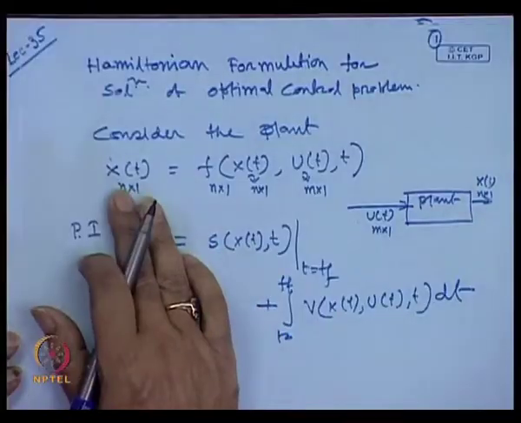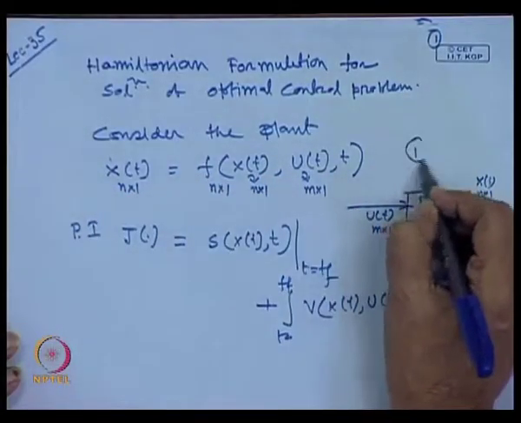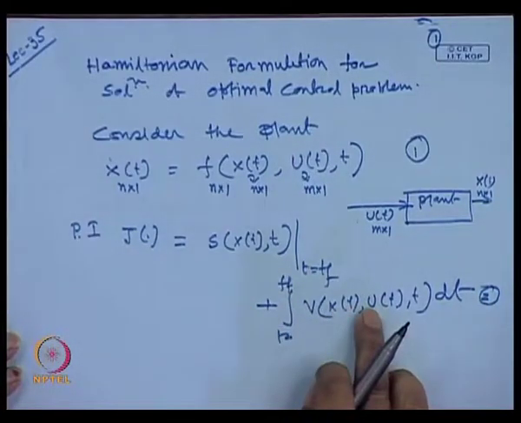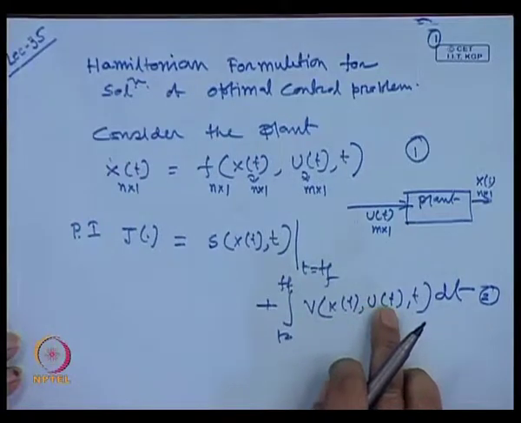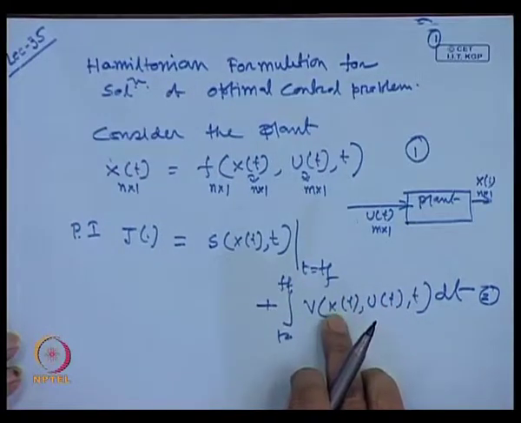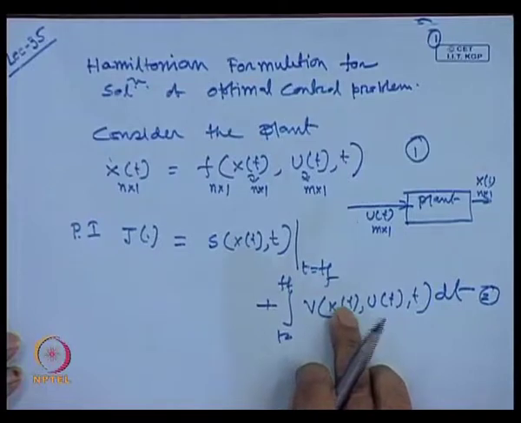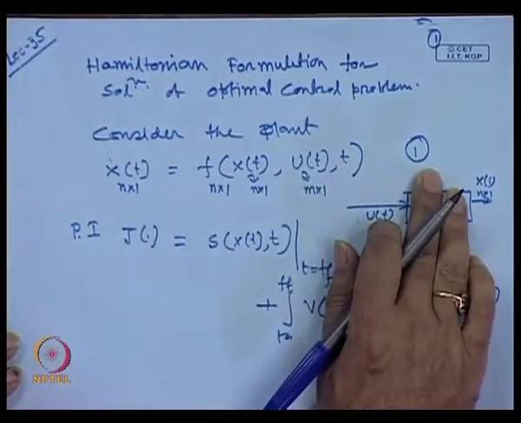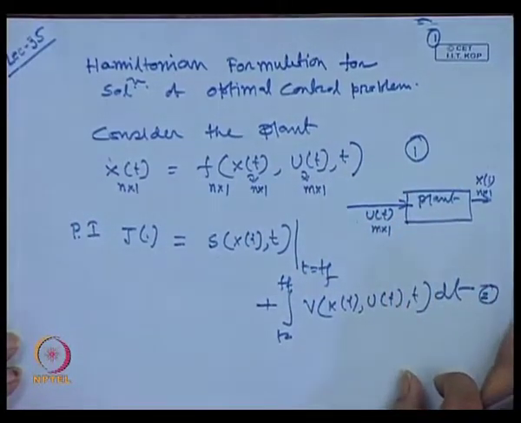So, our problem is to find the control law u such that this performance index is minimized, subject to the constraint, let us call this equation number 1, and that is equation number 2. So, our problem is to find the control law u of t, which in turn gives the optimal trajectory x of t, such that this performance index is minimized subject to this constraint, equation number 1. That is what we discussed last class, and correspondingly we got the necessary condition.